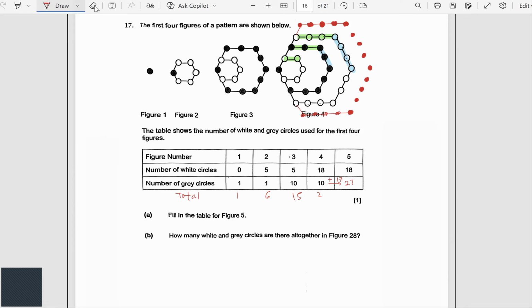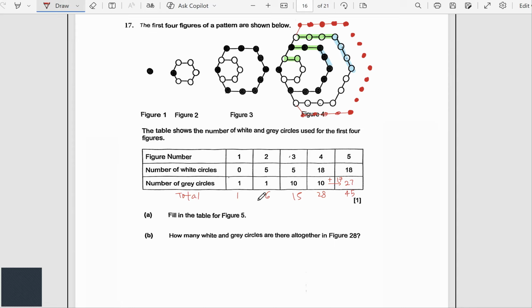Then this is 28. This is 45. Okay, look at these numbers. If you try to add them, this is plus 5, plus 9, plus 13. Don't really have a common difference between the numbers.